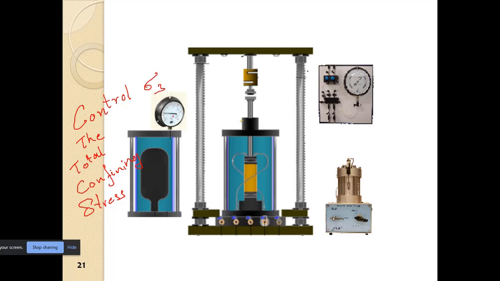In this apparatus, we can control the sigma 3 and we can apply that to the cell. Then, the second thing is we can apply the load into the soil sample to cause shear failure of the soil.